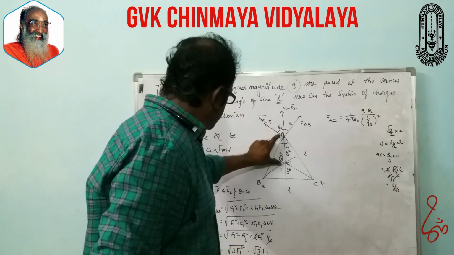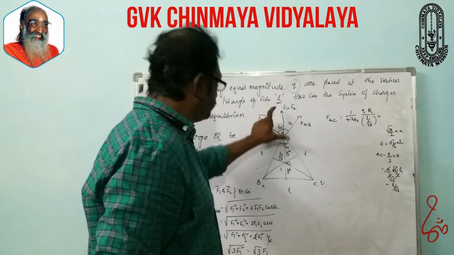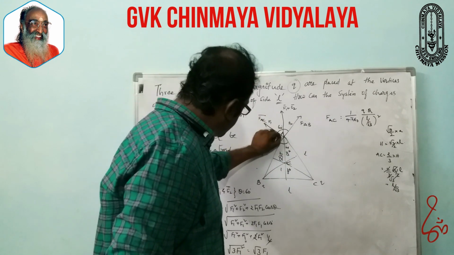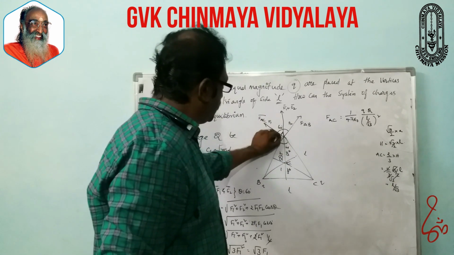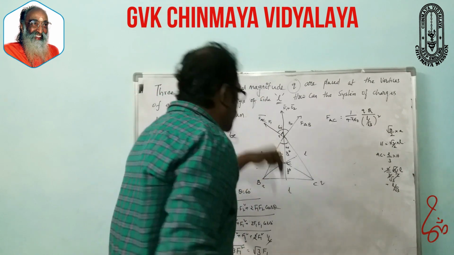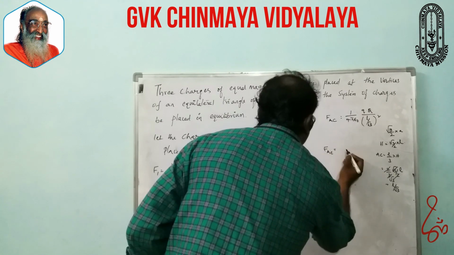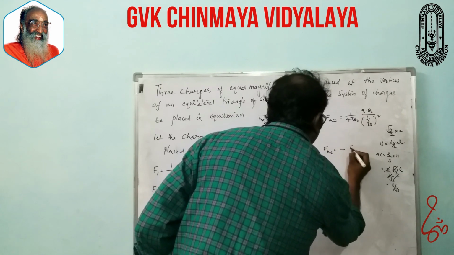So now this FAC and the F net, how they should be, to make the forces balanced, or the net result should be 0? It should be equal and opposite. So FAC is equal to minus of F net.